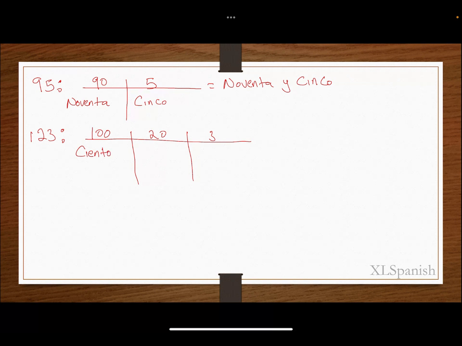And 20 is veinte. 3 is tres. So this will give you ciento veintitrés. So remember there's no Y here, which is E in Spanish, because it's in the 20s. So it'll be ciento veintitrés.